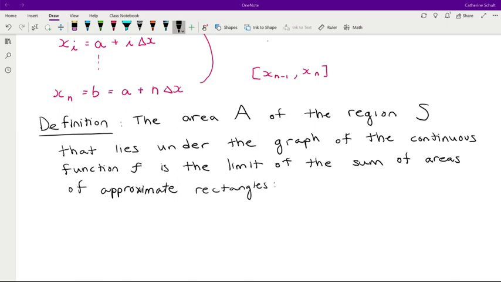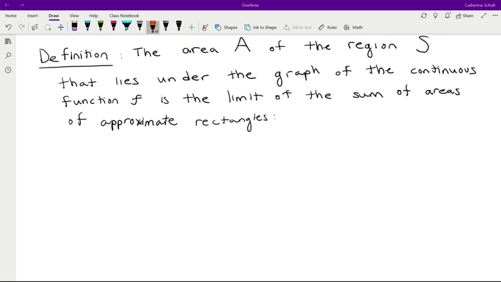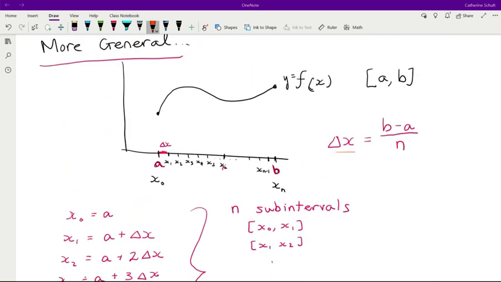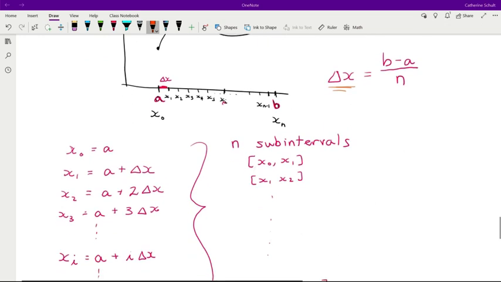In math symbols, it's a little bit easier. It's just A is equal to the limit as the number of rectangles n goes to infinity of Rn. And let's write in what Rn is. So again, the base of the rectangles we're calling delta x.